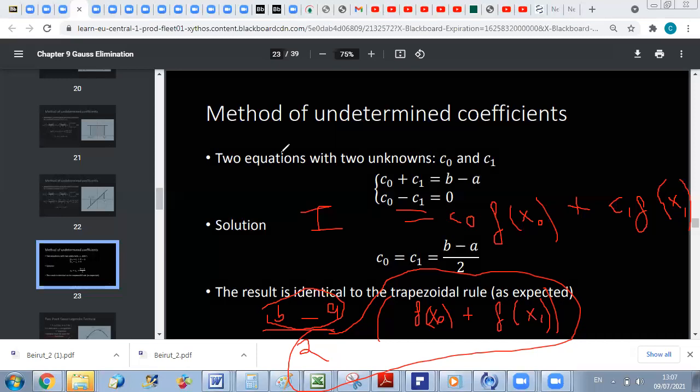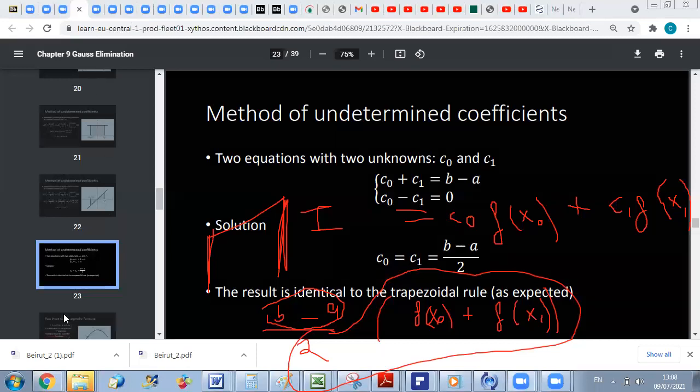Okay? Now, what will be more challenging is that I don't know the locations of the 2 points. So for the trapezoidal rule, I know I will take my position of 2 points at the edges of my trapezoid. While now, to get higher order accuracy, we will have to select the optimal position of the points.